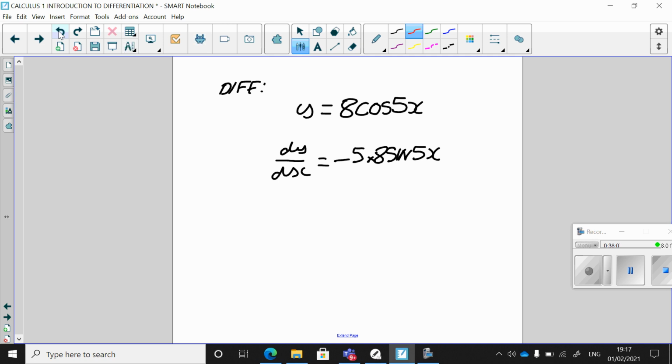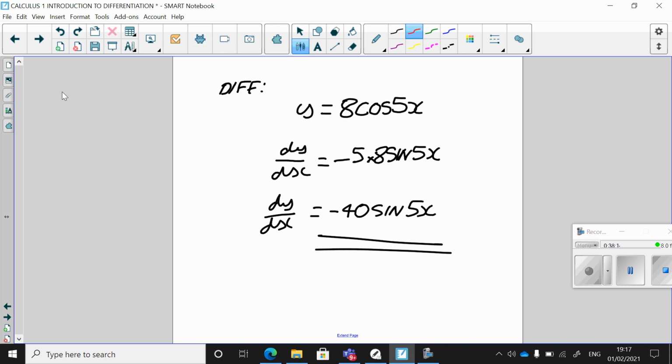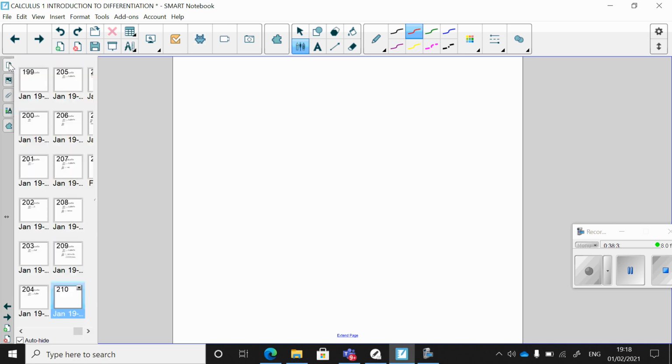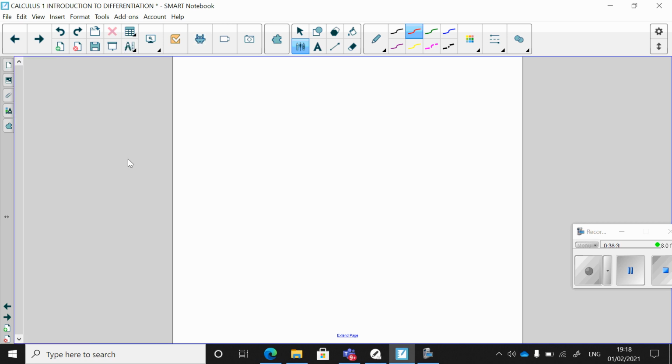Do negative 5 times 8, negative 40, sine 5x. That's it, folks. I keep saying, we're just moving things about the page here, doing a little bit of arithmetic. That is it. You will have the rules in front of you. Okay, so that looks like we're home and dry here.